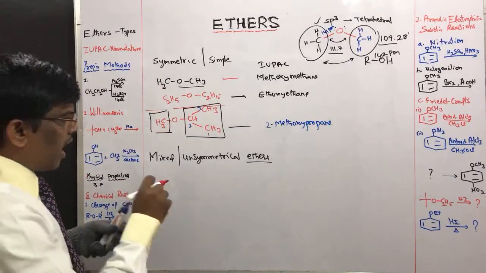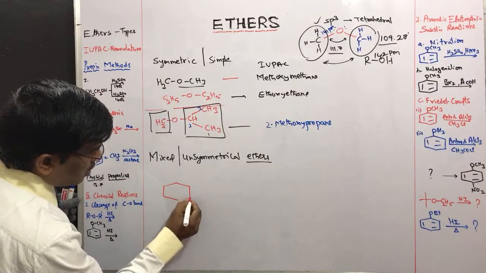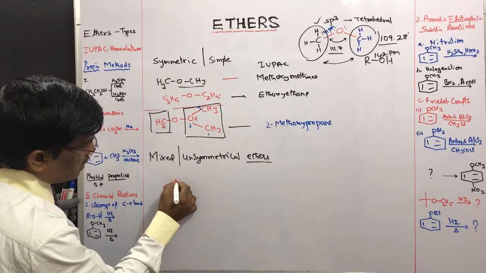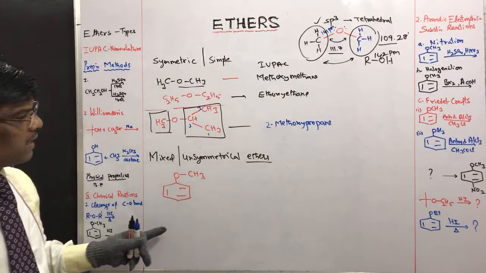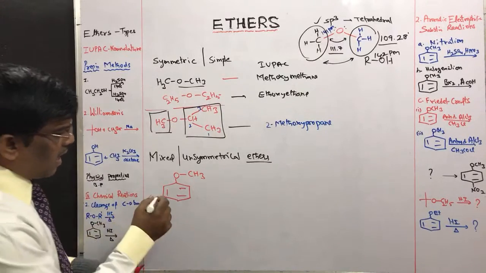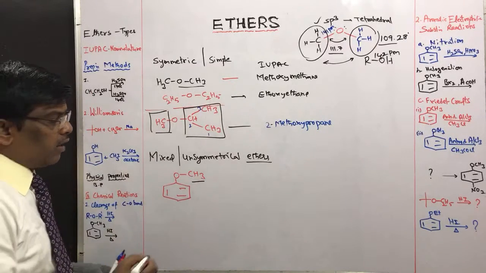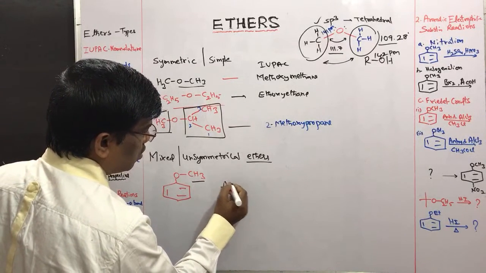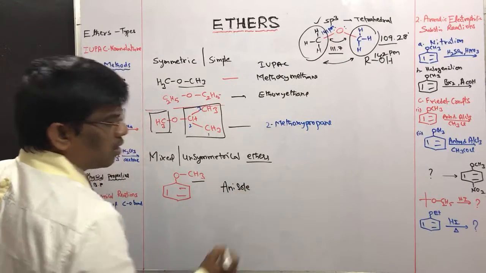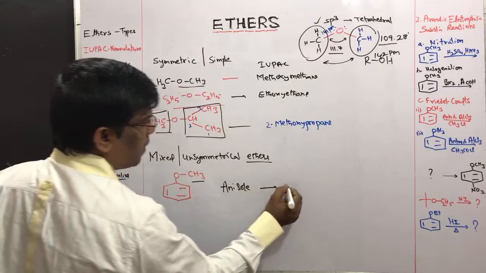Let us take some aromatic compounds. This is a mixed ether where one side is an aryl group and the other side is a methyl or alkyl group. Its common name is anisole, and the IUPAC name is methoxybenzene.